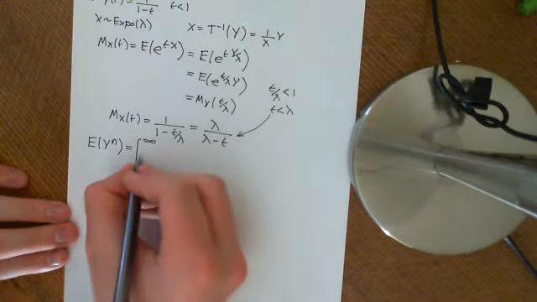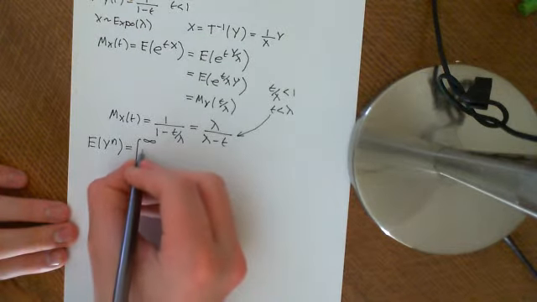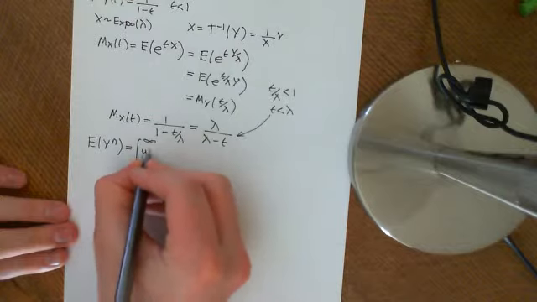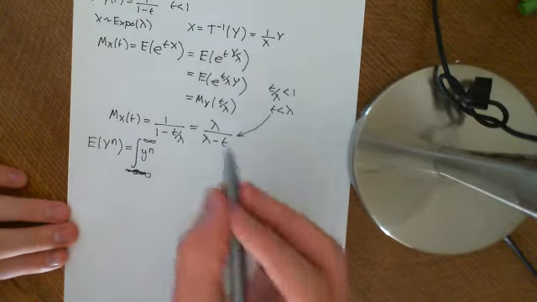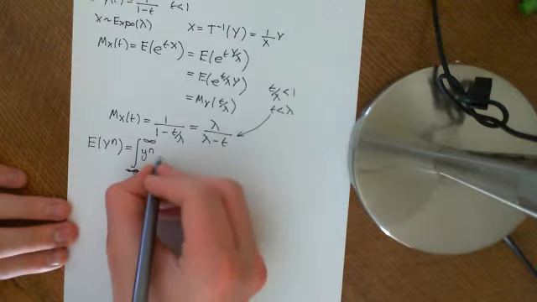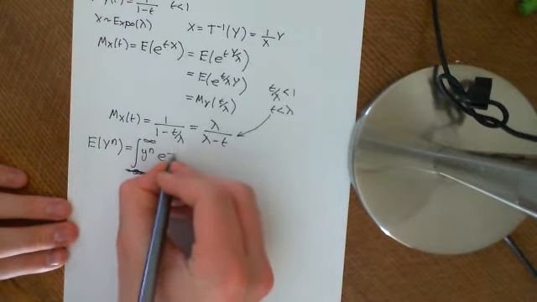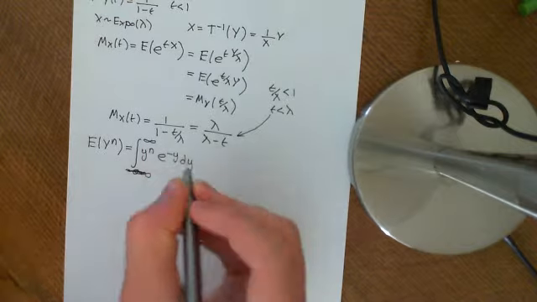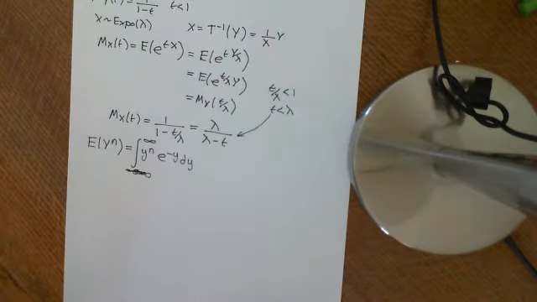So 0 to infinity of, then we'd apply LOTUS, so we'd say y to the n, and then we put in the PDF of a standard exponential distribution, which is just equal to e to the negative y dy. Now that is not a nice integral for n a general number, because you're going to have to apply integration by parts, integration by parts, integration by parts, and it's going to require quite a bit of thought and a bit of care to get that correct.